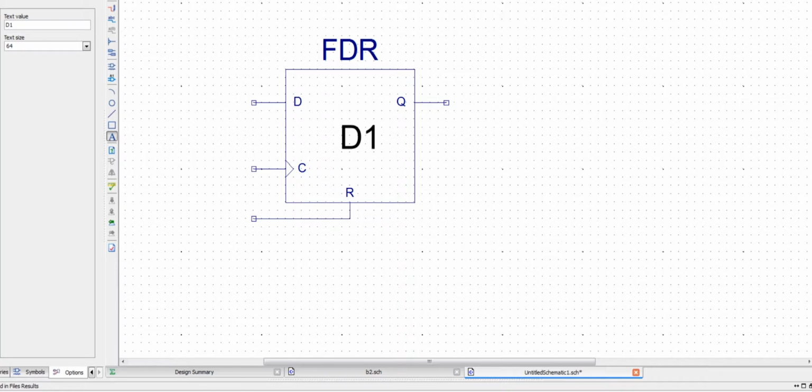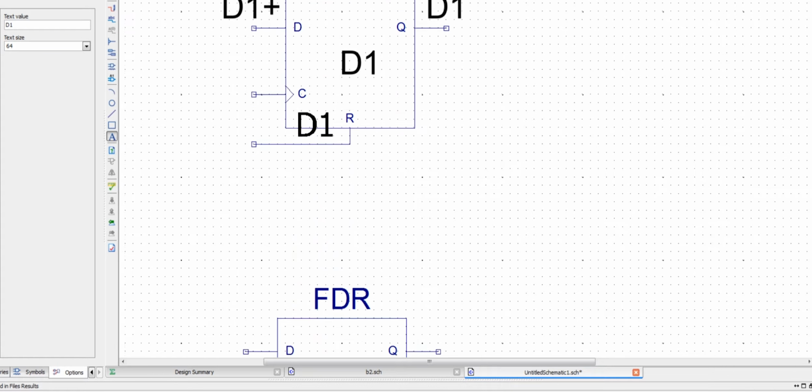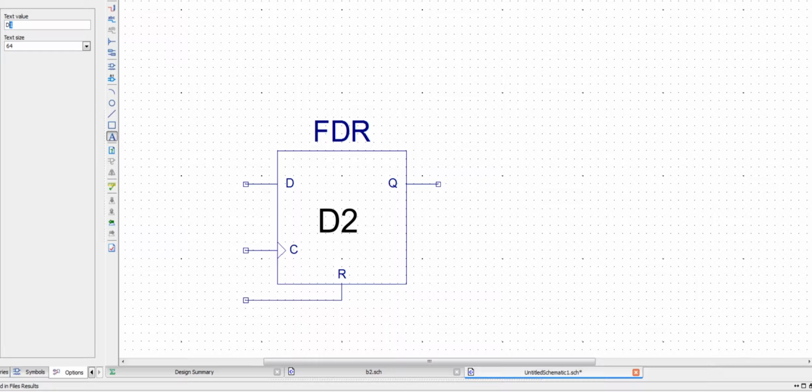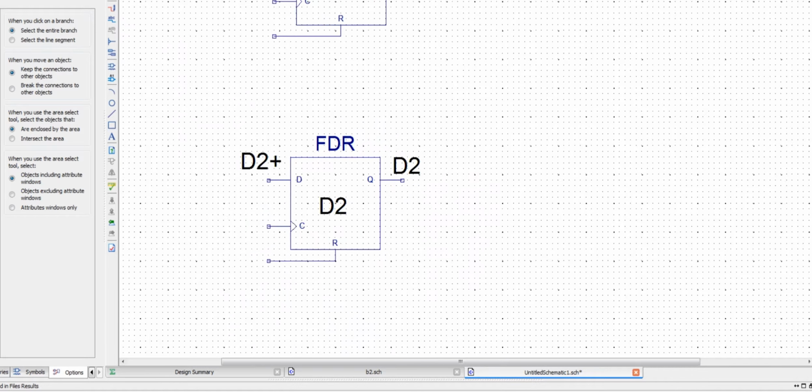So this input is D1 plus, and this output here is D1. Same as here, this output is D2, and this input is D2 plus.